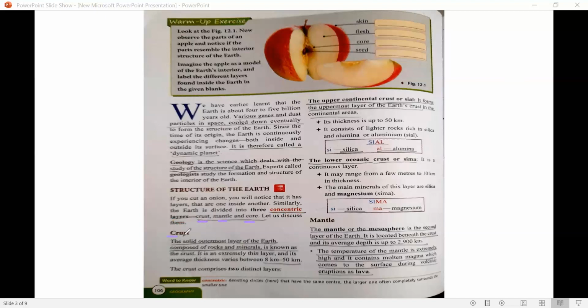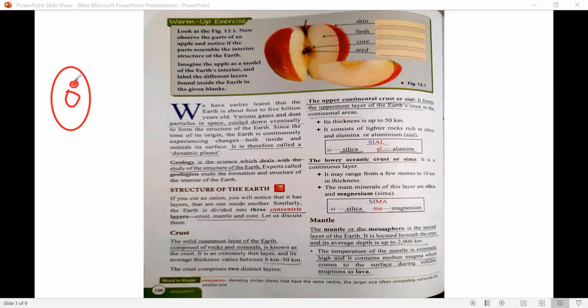Now, the crust is the solid outermost layer of the earth. As you have seen an egg, this is an egg. Oh, I didn't make an oval. So if we have an egg like that, an oval, there would be an outer layer of the egg, and inside it there would be yolk.